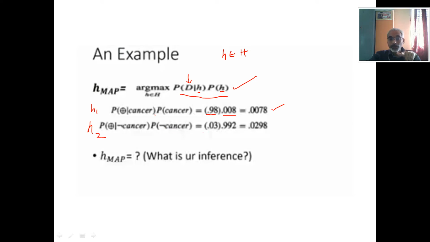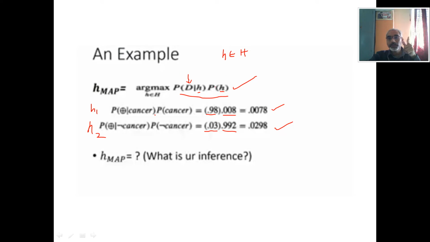The probability of plus given that he is not having cancer is 0.03, multiplied with the probability of not having cancer, 0.992. So you are going to get 0.0298.